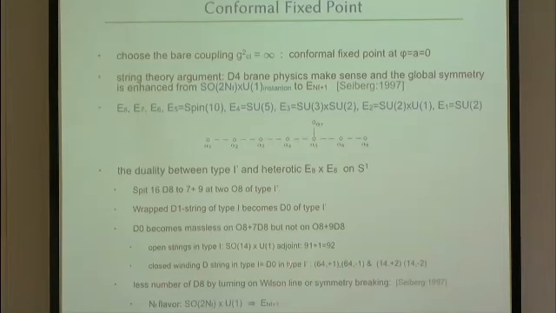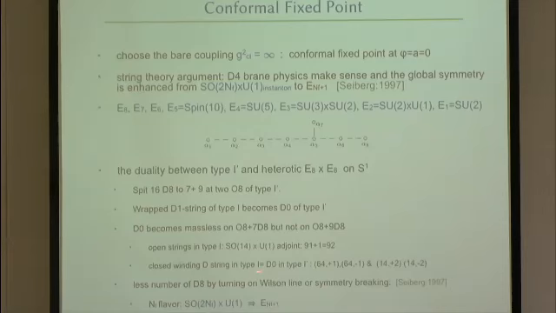So we just care about one side, and then again we put 7 D8 branes at the end, and we choose the type I prime coupling constant such that the end of the world effective coupling goes to infinity, and then we end up with E8 symmetries.